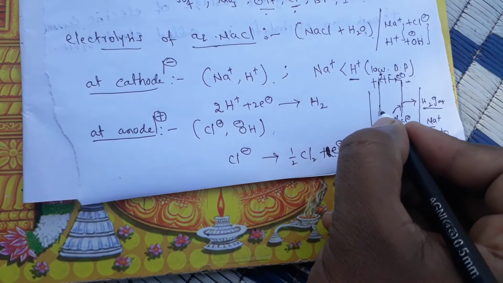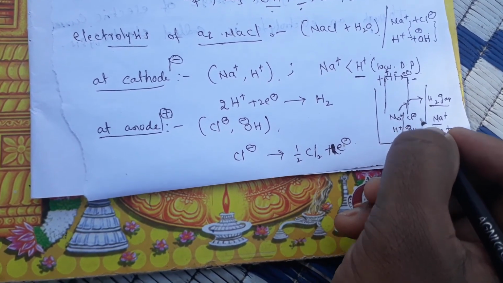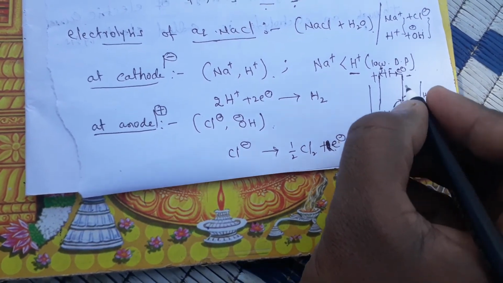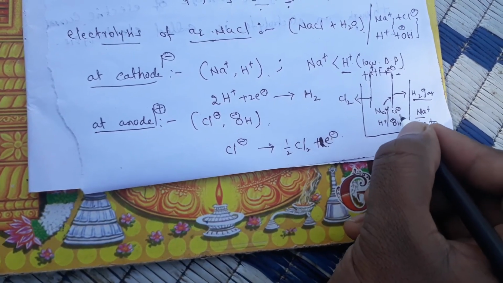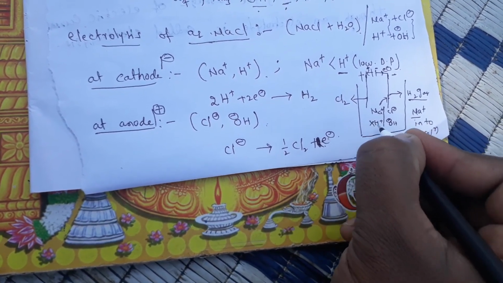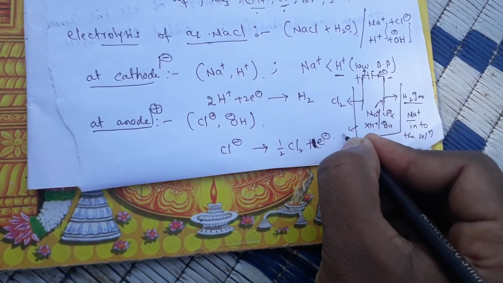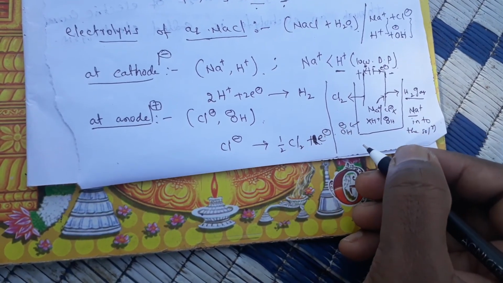On this side, take Cl minus and OH minus, which one has the lowest discharge potential? Cl minus, so Cl minus discharges on this side, and chlorine gas is evolved. That means this is gone and this is gone, so NaOH, the OH minus ion remains in the solution.